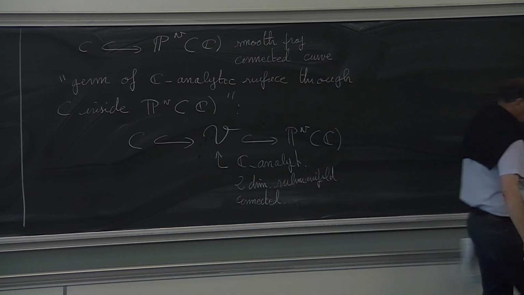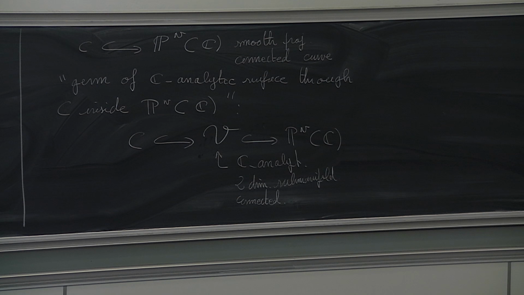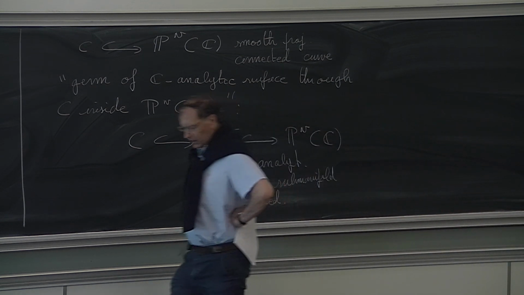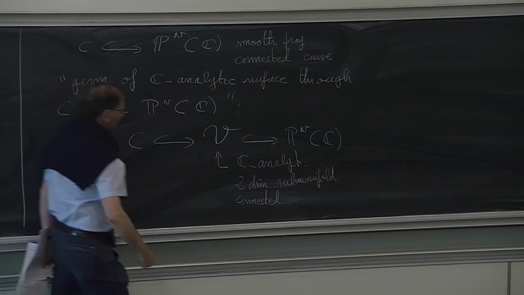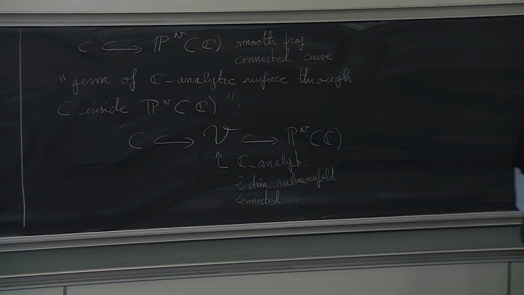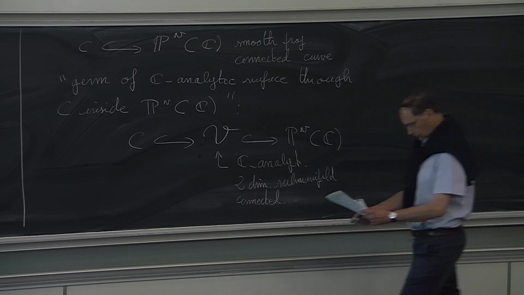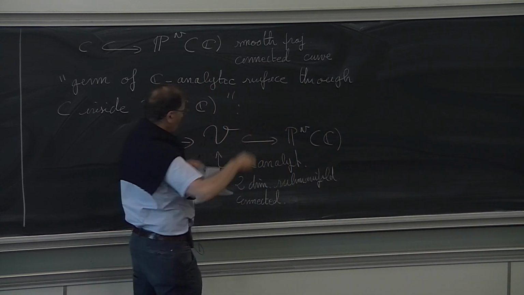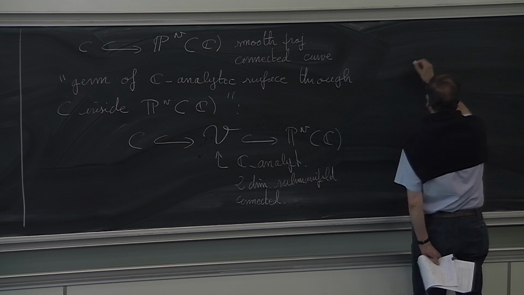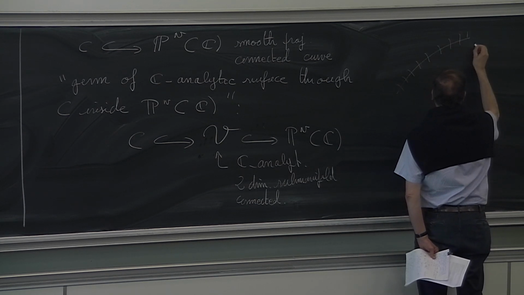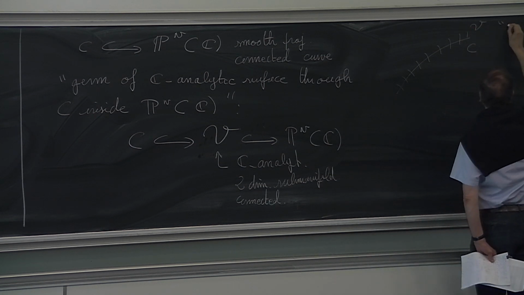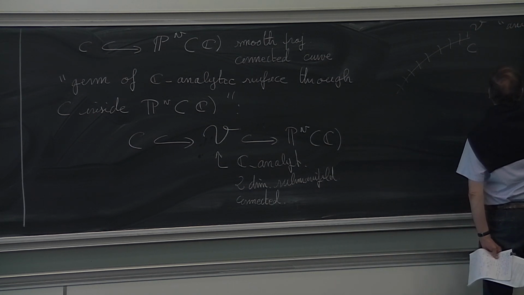And actually, the only thing I will be interested in is a germ of V along C. I always allow myself to shrink V, provided it still contains C. So you have a curve in space, and you have some kind of analytic ribbon around this curve.